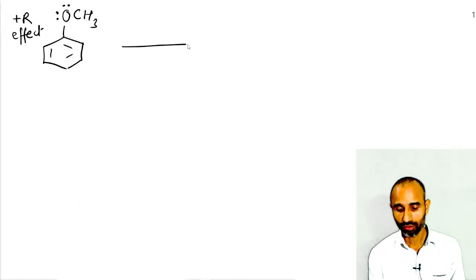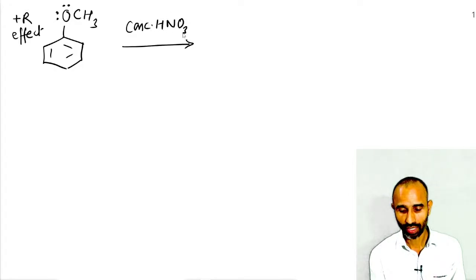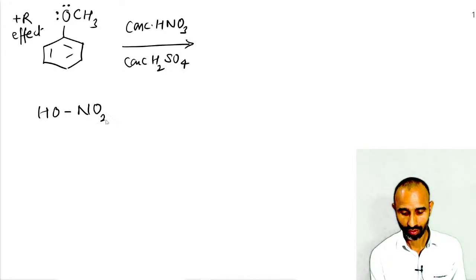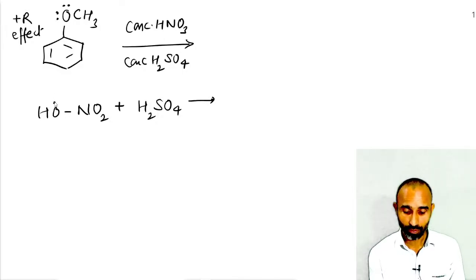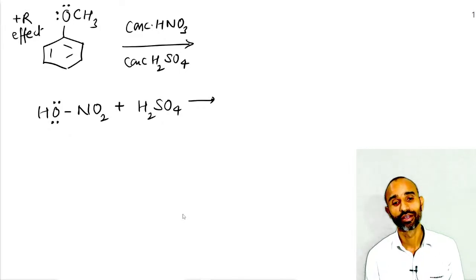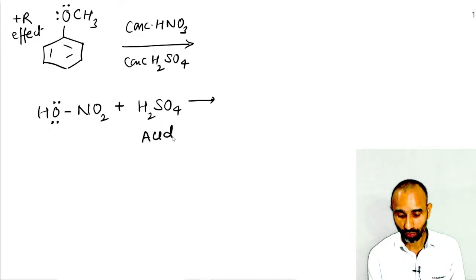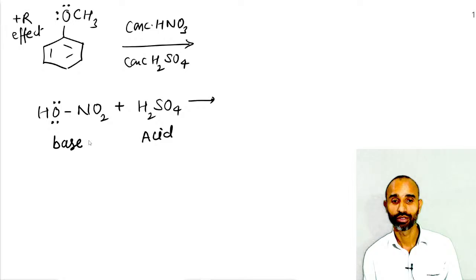Yes. So if we do the nitration, in nitration, what is the role of these two? One is HNO3, the other is H2SO4. Both are strong acids, but when both are present together, H2SO4 behaves as an acid and HNO3 behaves as a base. This is called nitrating mixture.